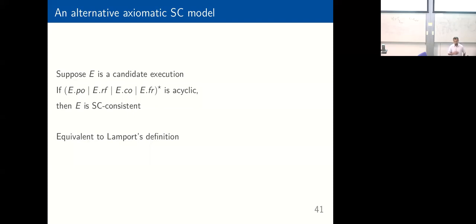We take the transitive closure of all that, and if there's a cycle in that relation, then it's not sequentially consistent. If it's acyclic, on the other hand, then it is sequentially consistent.